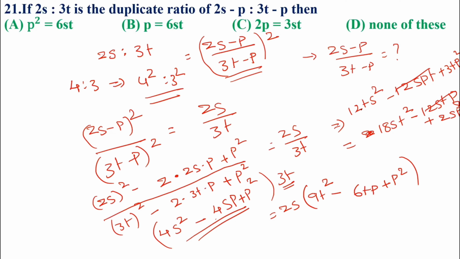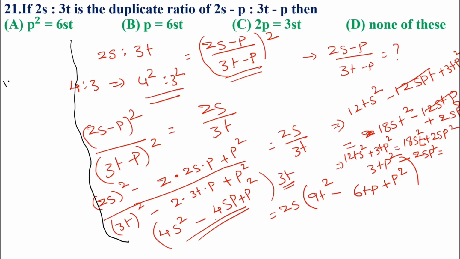So this will be 12t square, and here the remainder will be 12t square plus 3tp square is equal to 18 st square plus 2sp square. 12t square plus 3tp square is equal to 18 st square plus 2sp square.